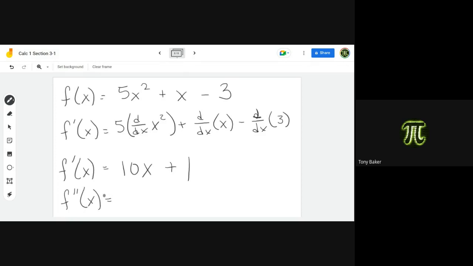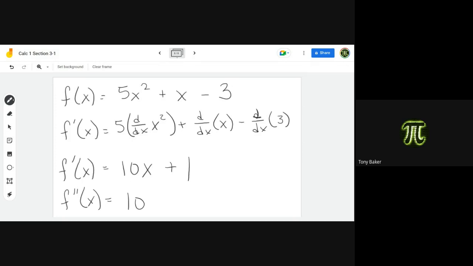What's the second derivative? It's just 10. Because we just do the derivative of the derivative. So what's the derivative of 10x? The x is 1, so it's just 10.